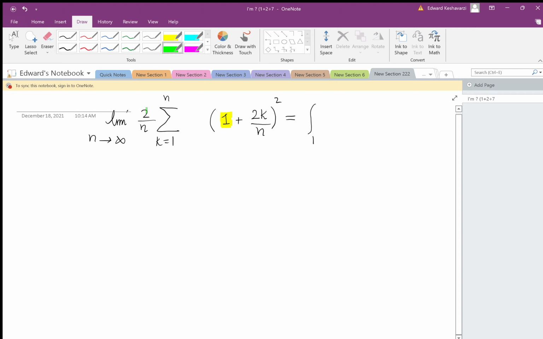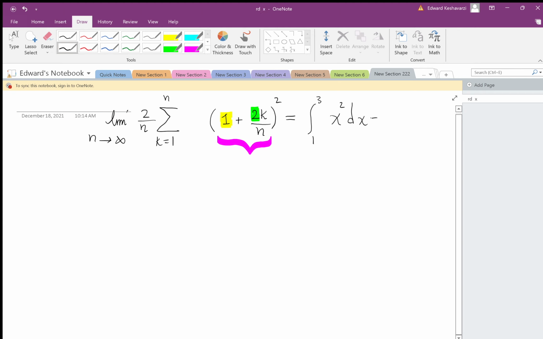Also, we know that b minus a is 2. I made it green. So therefore, it's integral from 1 to 3. And then the entire thing here is x. Therefore, it's going to be x squared dx.